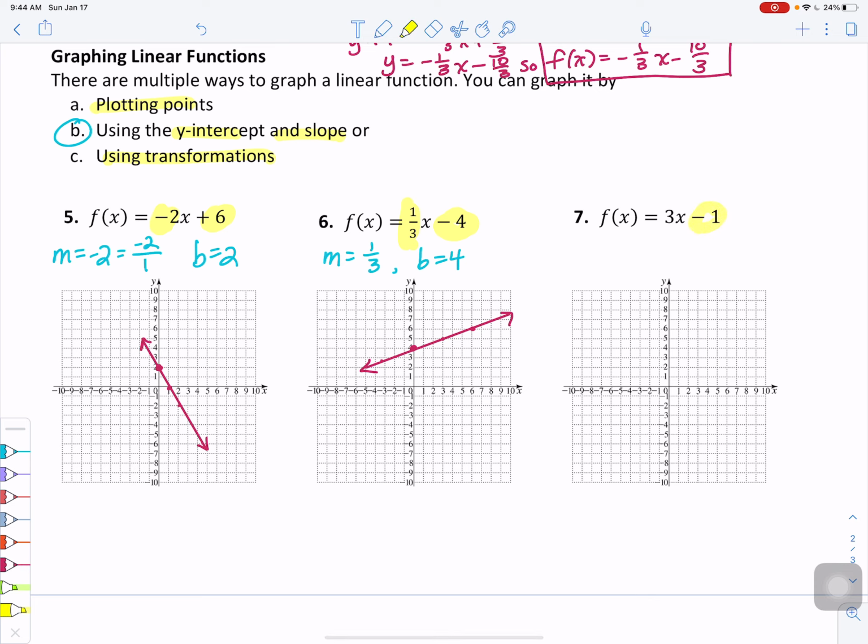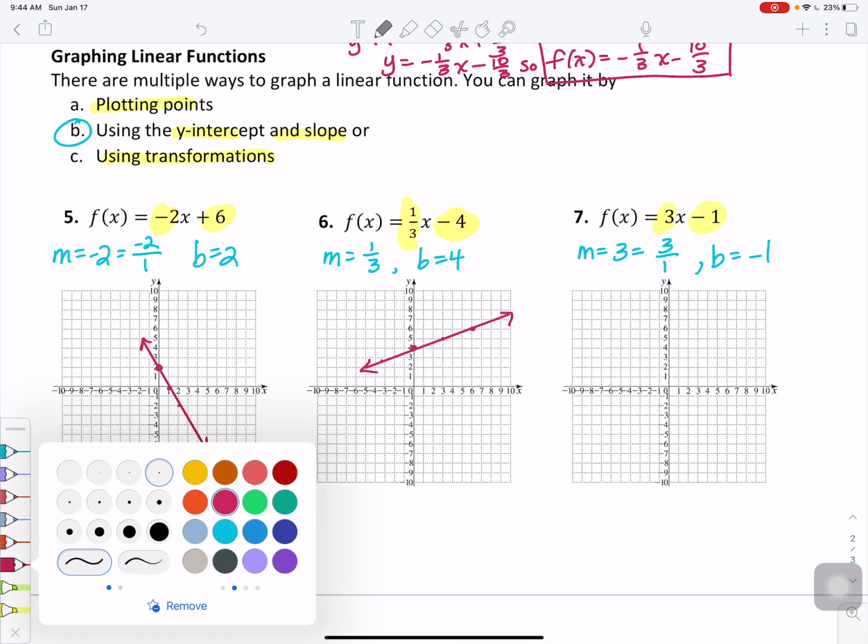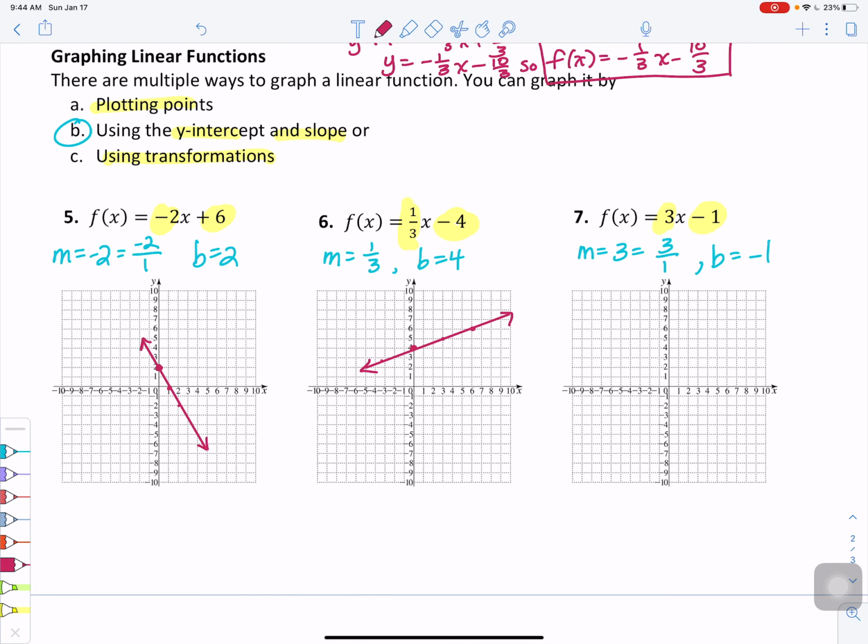Let's give this last one a try. In number 7, our slope is 3, and 3 is 3 over 1. So we'll go up 3 to the right 1. And our y-intercept is negative 1. So here we go to negative 1. And we're going to go up 3 and to the right 1, up 3 and to the right 1.